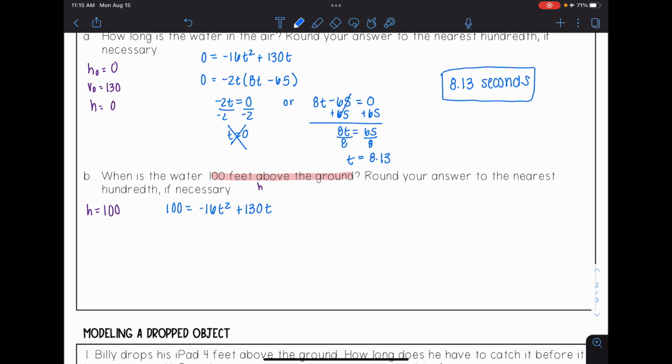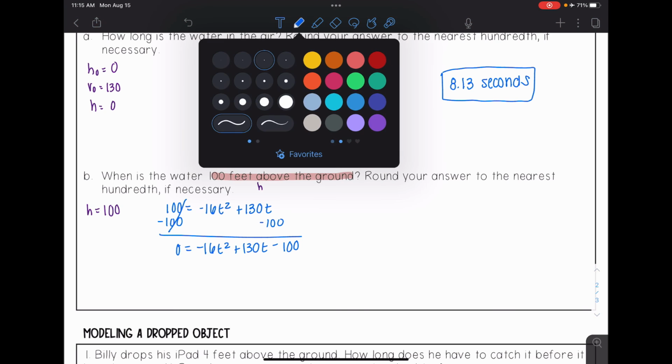And so now we can go ahead and solve this with the quadratic formula. I need to have it in standard form first. So I'm going to subtract 100 from both sides. And so I get that 0 is equal to negative 16t squared plus 130t minus 100. And now I can go ahead and label my a, b, and c.